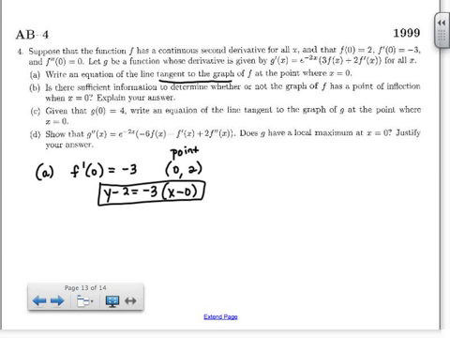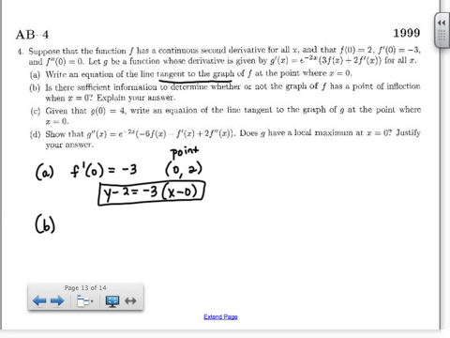Okay. Part B. Is there sufficient information to determine whether or not the graph of f has a point of inflection when x is equal to 0? Explain your answer. All right, in order to know if there's a point of inflection, we need to know if we change sign. So if f double prime went from positive to negative or from negative to positive.